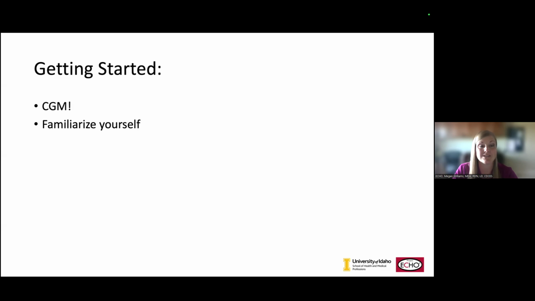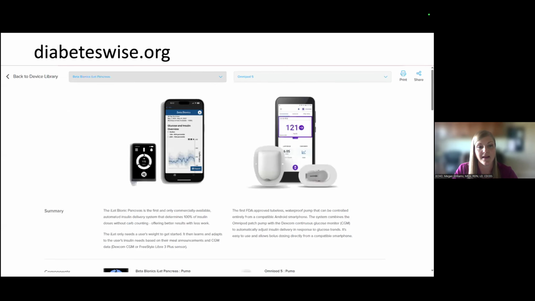But jumping in and just understanding basic pumping can prepare you to familiarize yourself with any of the devices. There is a great website, Diabetes Wise, that allows you to go in and put different pumps or devices in and compare them. It's a resource that's available.